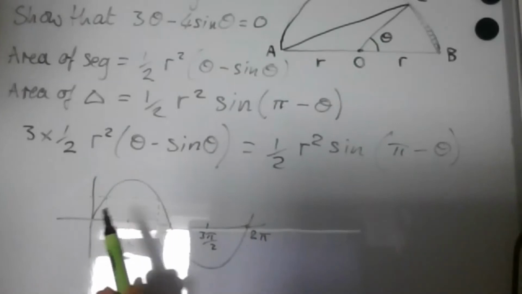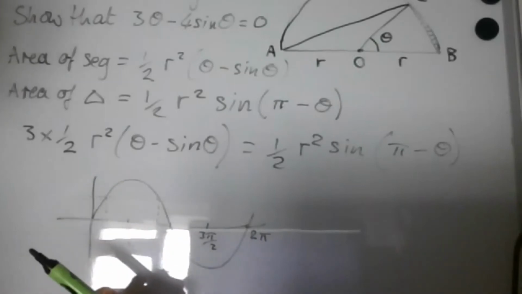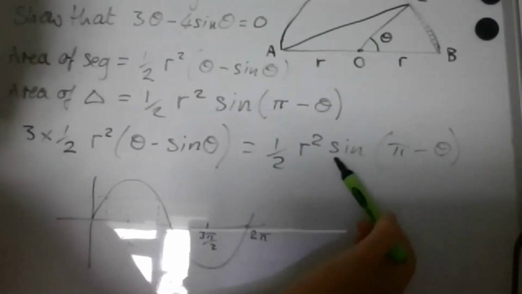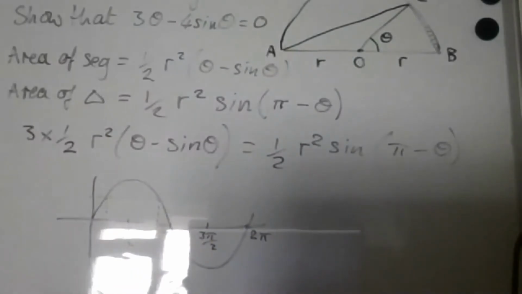So in fact, the sine of theta, this angle here, is exactly the same as the sine of pi minus theta. So in our equation here, we can replace sine(pi minus theta) just with sine theta.